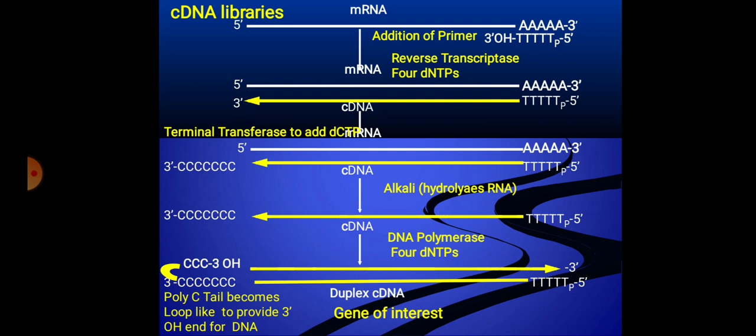And this duplex cDNA is cloned by rDNA technology, following the steps of rDNA technology, cloned in the bacteria, or it can be cloned by using PCR, polymerase chain reaction. In this way, the cDNA library is maintained.